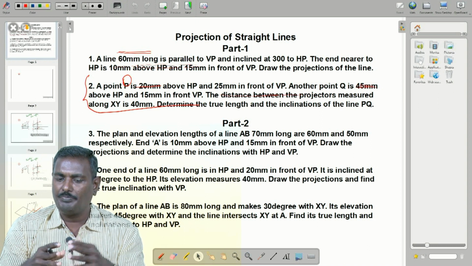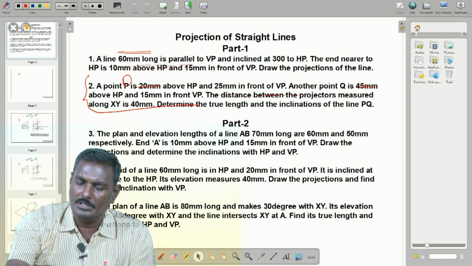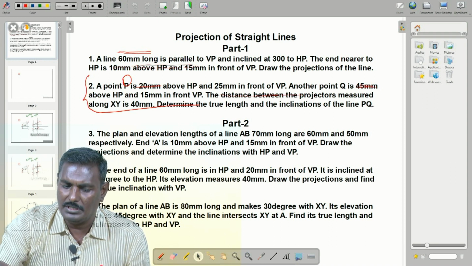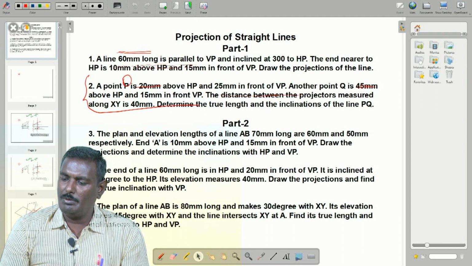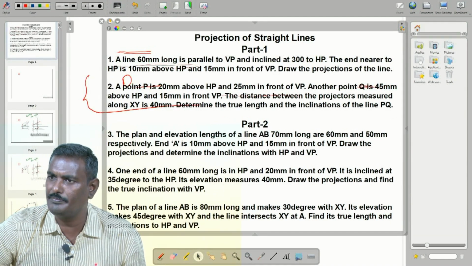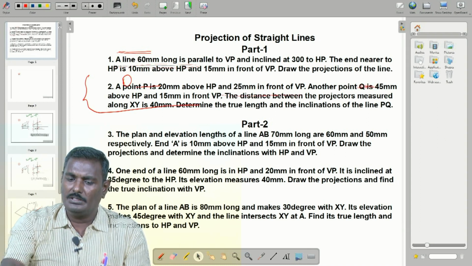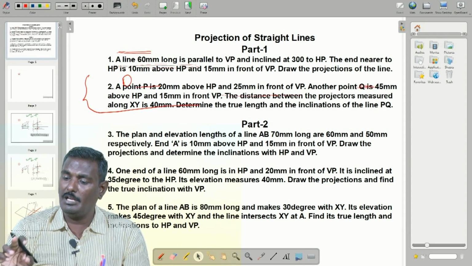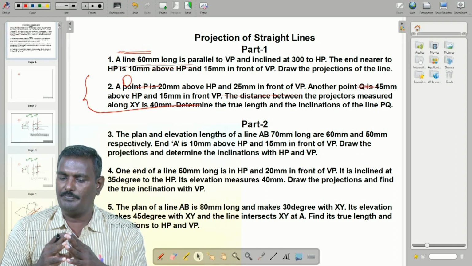Look at problem number 3. The plan and elevation lengths of a line AB 70 mm long are 60 mm and 50 mm respectively.